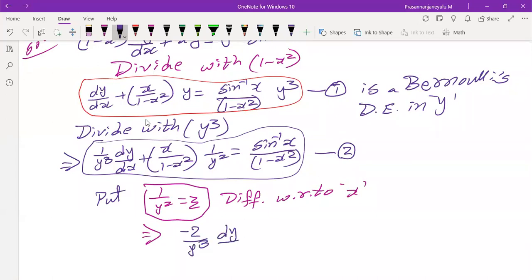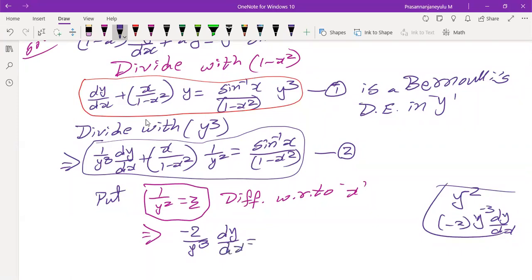Differentiation of 1 by y square: 1 by y square can be written as y power minus 2. The differentiation of y power minus 2 is minus 2 into y power minus 2 minus 1, which is minus 3, into dy by dx. So rewriting this, it becomes minus 2 by y cube into dy by dx is equal to dz by dx.